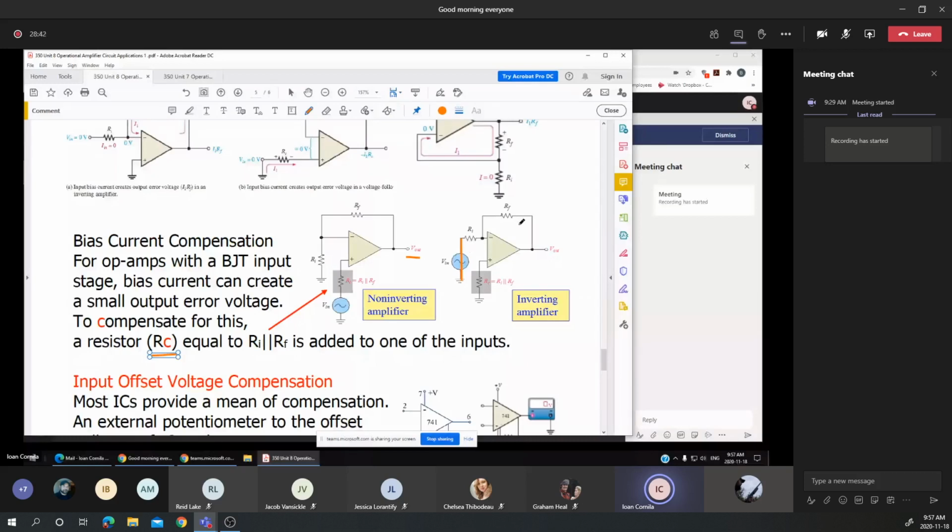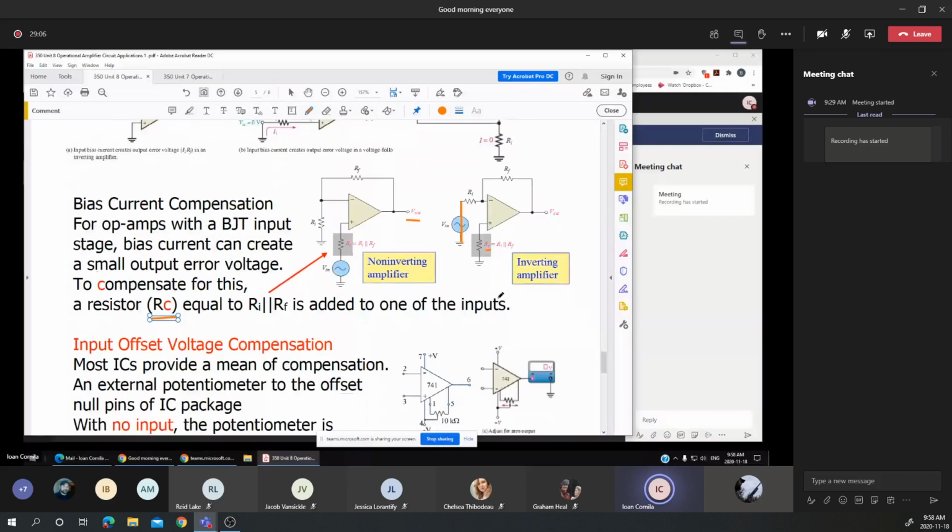Again, it's not very practical because we have to have a precise resistance for the IC. I may end up with 2 or 3 decimal places or significant digits for the RC. It's not an easy way to find a precise resistance. It can be 0.1%, 0.01 or 0.05, which is a very precise resistance.